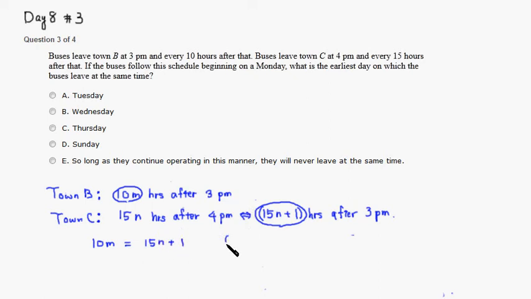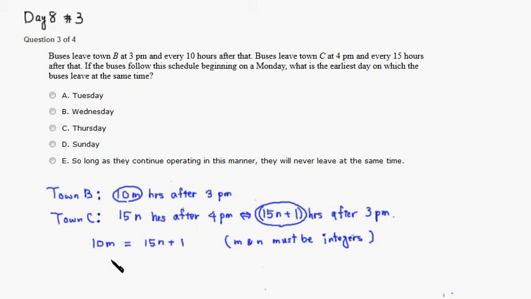Then note that m and n must be integers. It's actually a non-negative integer, but we just say integers. That's fine. All right. Then think about, okay, how is this possible, right?